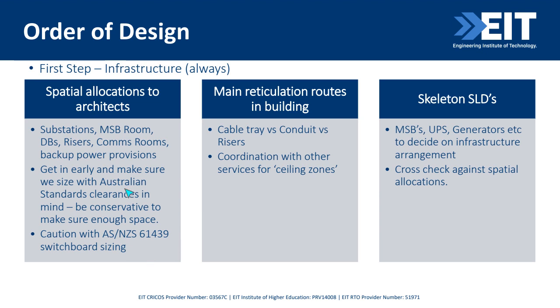We then also outline very roughly our cable reticulation, because maybe we all have combined risers. Maybe we've got set ceiling zones that we're sharing with other services. And by this stage, we should have a good idea of our general power strategy, which means we can do those high-level single line diagrams, especially for our main switchboards and our big infrastructure, like our backup power.